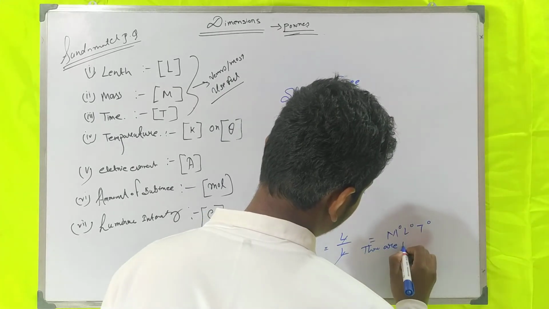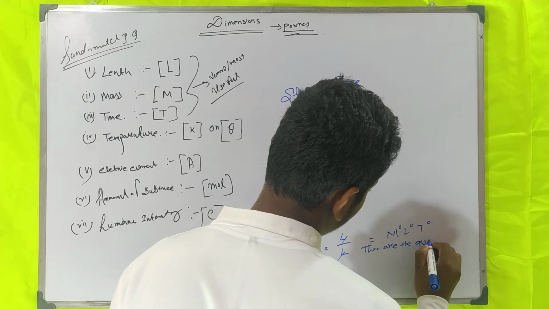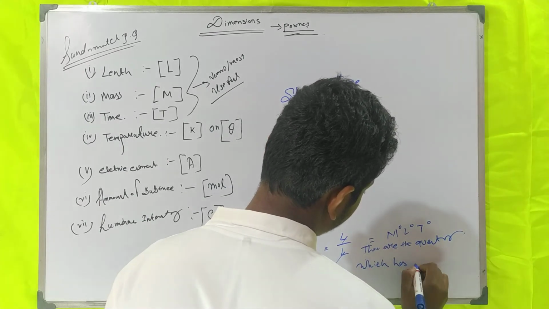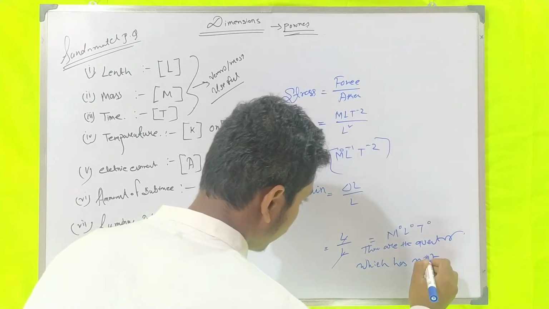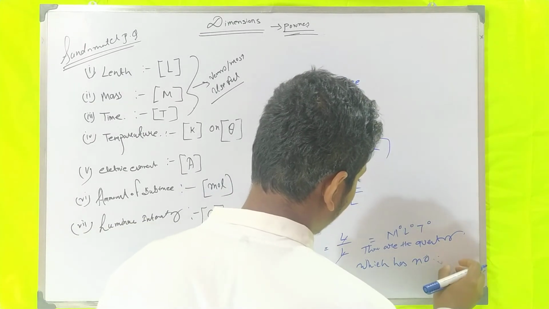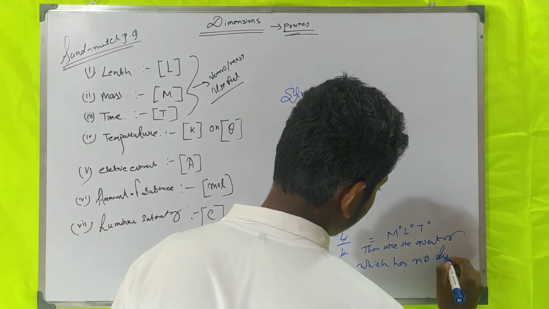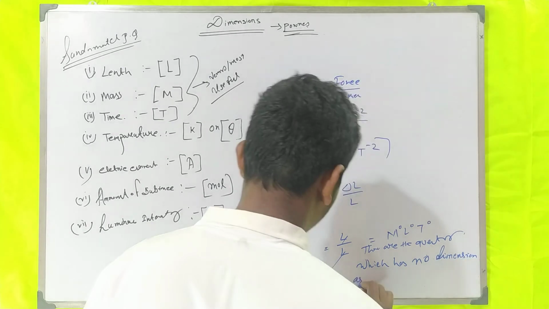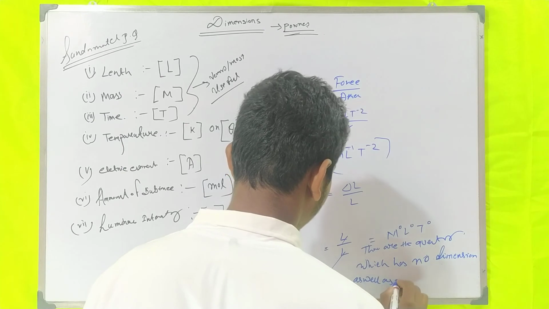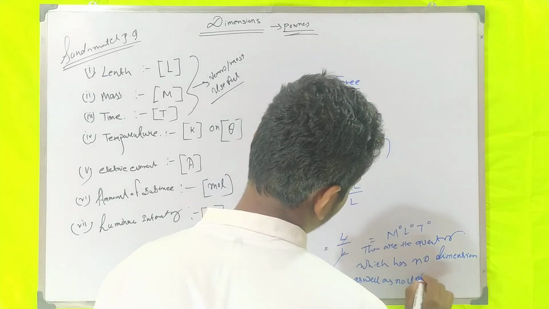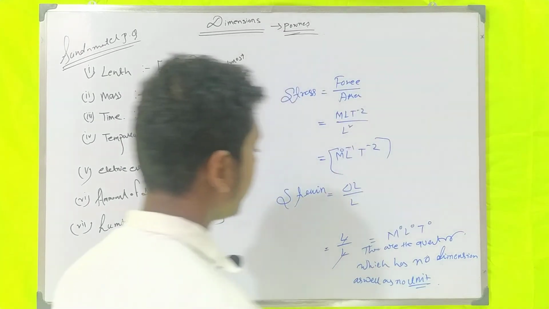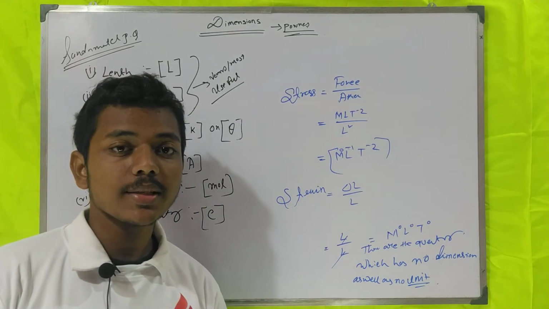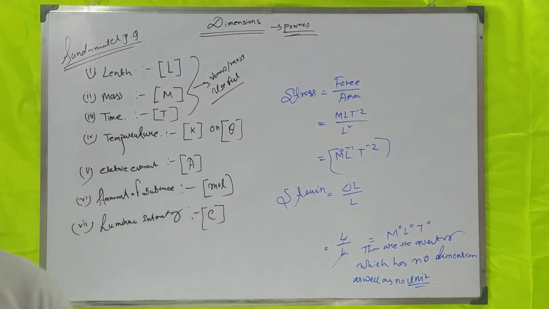There are quantities which have no dimension as well as no unit. So you can write that strain is a dimensionless or unitless quantity.